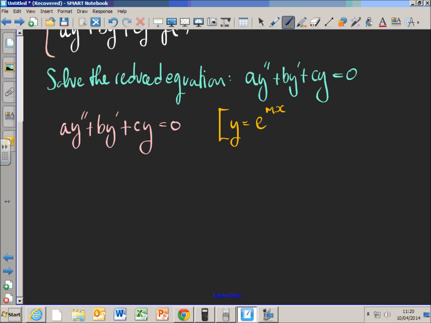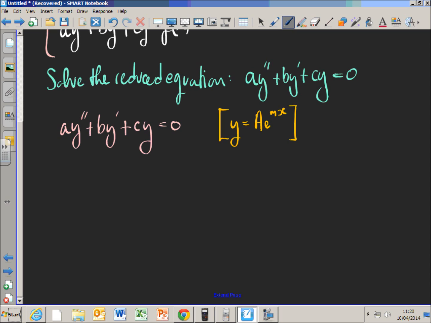We can put a constant in front of there, but it's not going to make any difference for this. In fact, we're going to let y equal a e to the mx.